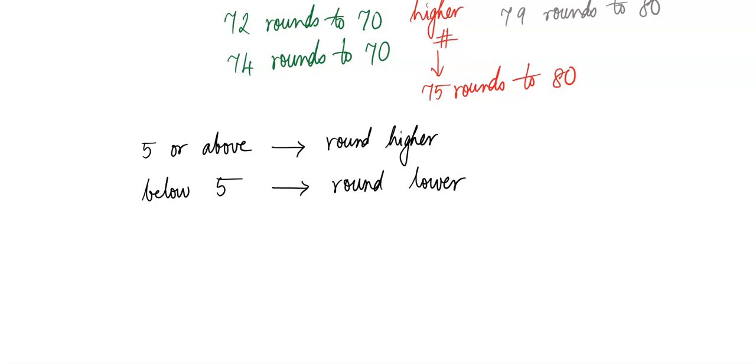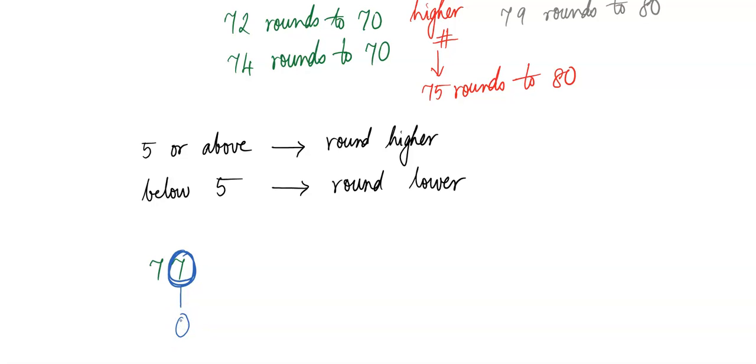So how does this rule work? Here we go. Because we are looking at the nearest tens, let me take the same example. Let's say 77. Because we are rounding to the nearest 10, this is the position that needs to become a 0.